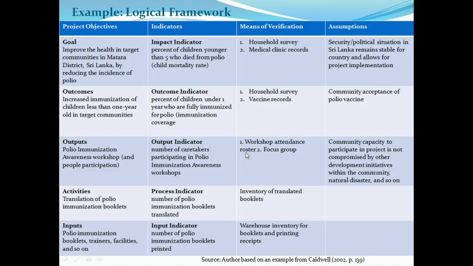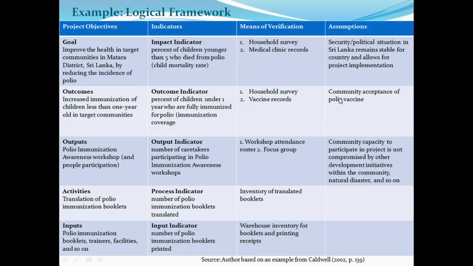Workshop attendance and focus group interviews. The outcome: increase immunization of children less than 1 year old in target communities, and the outcome indicator will be the percent of children under 1 year who are fully immunized for polio immunization coverage. And how can you verify? Household survey and vaccine records.